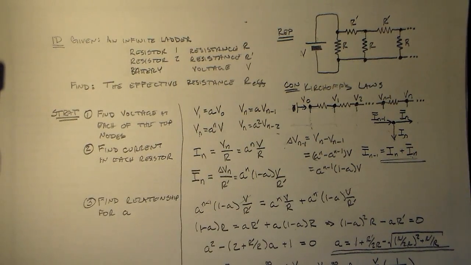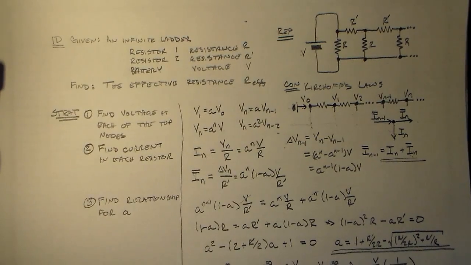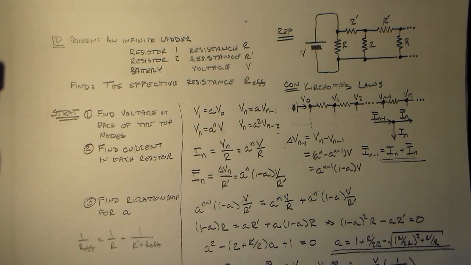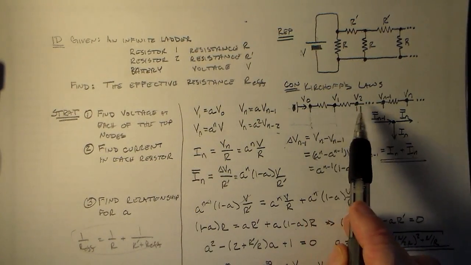It's a little more complicated than just writing out online something like 1 over the effective resistance is equal to 1 over the resistance plus 1 over the resistance plus the effective resistance, right? You can do this, and you can see how that looks very similar to something that we did over here, right? That's starting to look pretty similar. Not exactly similar, but it looks pretty similar. This uses the same principle as what I did here.